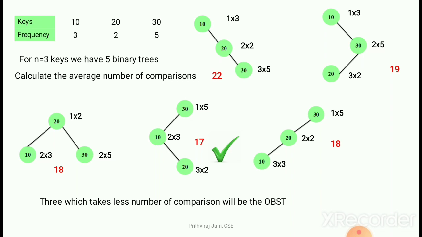For 3 keys, we can take the available binary search trees and easily find one as the optimal binary search tree. But it is not possible when you have more than 3 or 5 keys. So in such cases we have to go with other approaches.